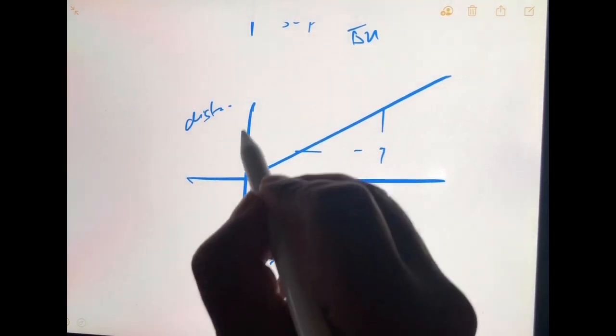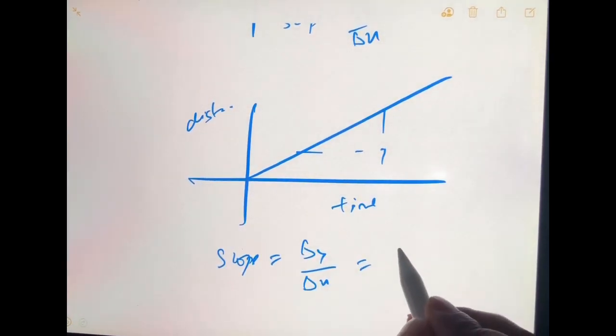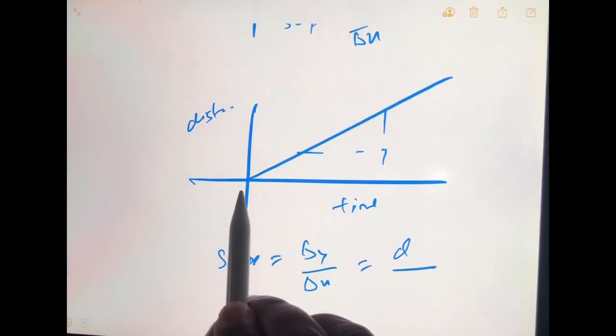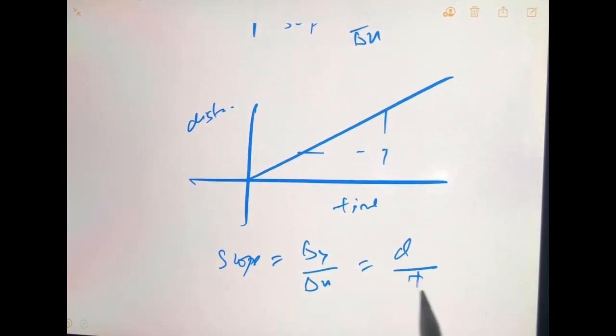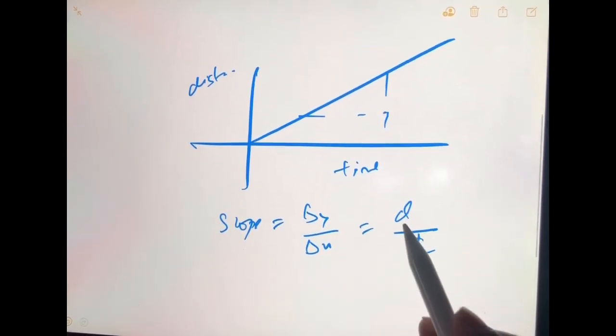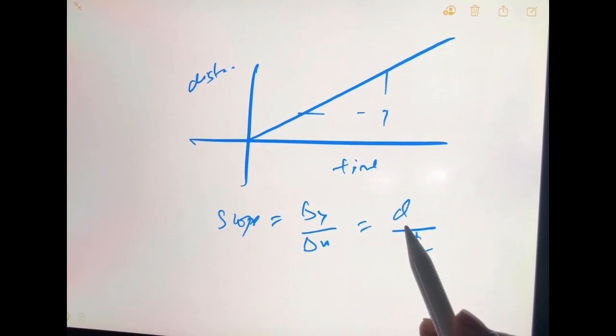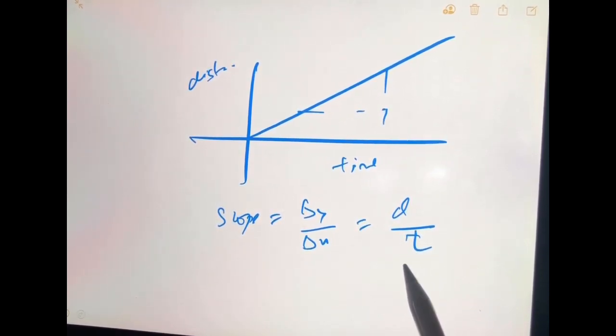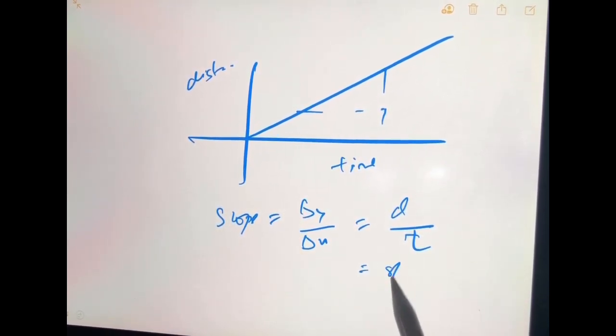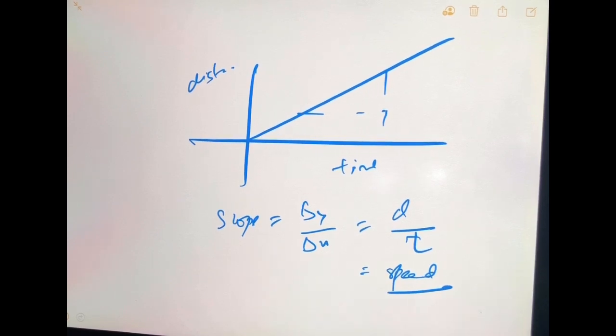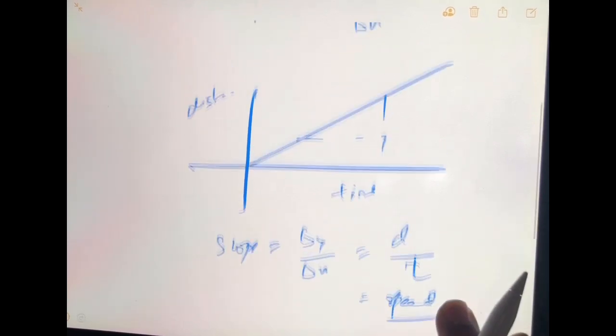But remember, the change in y is actually the change in distance, and the change in x is the change in time. We know the ratio of the change in distance to the change in time. This is speed, isn't it? So what do we get?